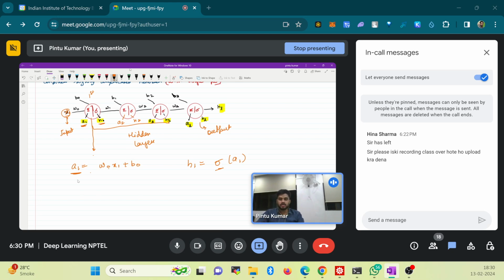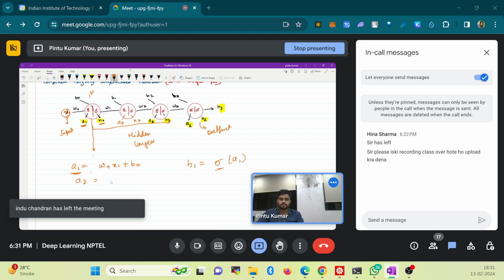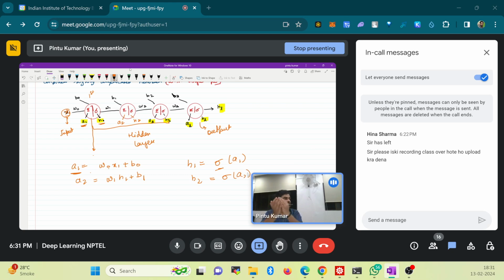Similarly, you can write your A2 as W1 times H1 plus B1. Okay. And your H2 would be sigma of A2. This is how your forward propagation works in a neural network.